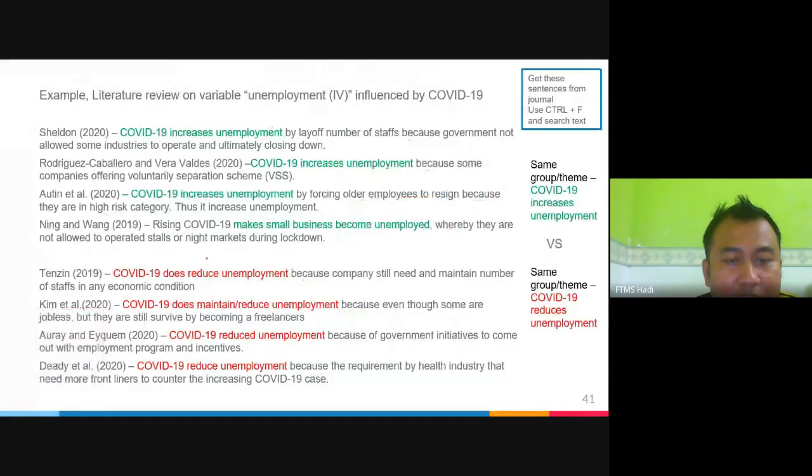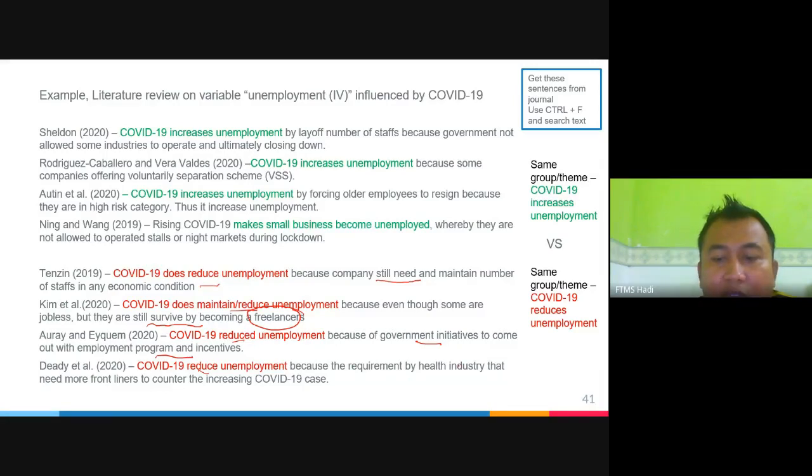Okay, contrary to this side, COVID-19 reduces unemployment, because companies still need to maintain their number of staff. And then some of the people who are jobless become freelancers, driving Grab, and then become riders, Food Panda, and so on. And then there are government initiatives with employment programs and incentives.